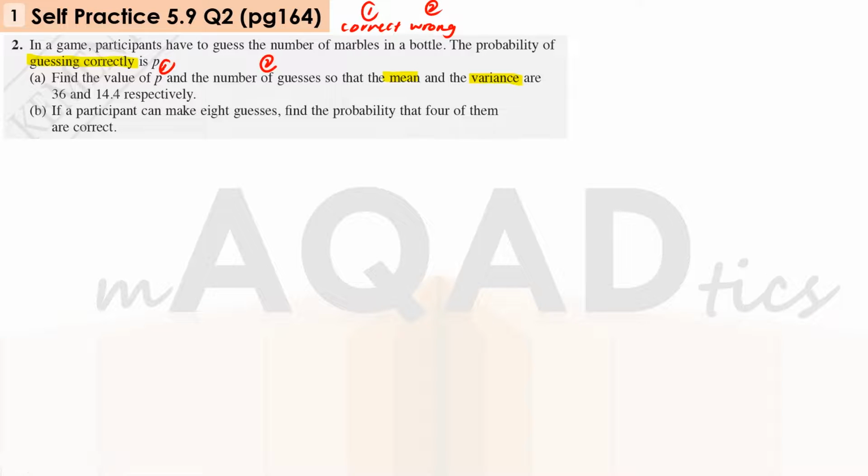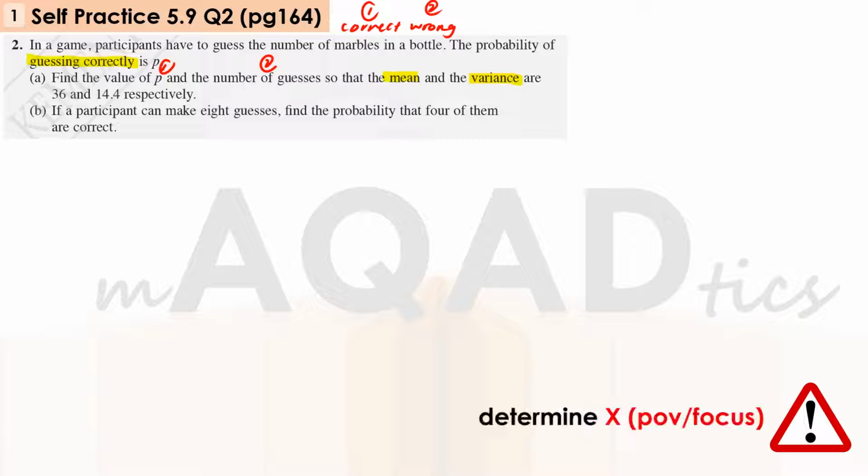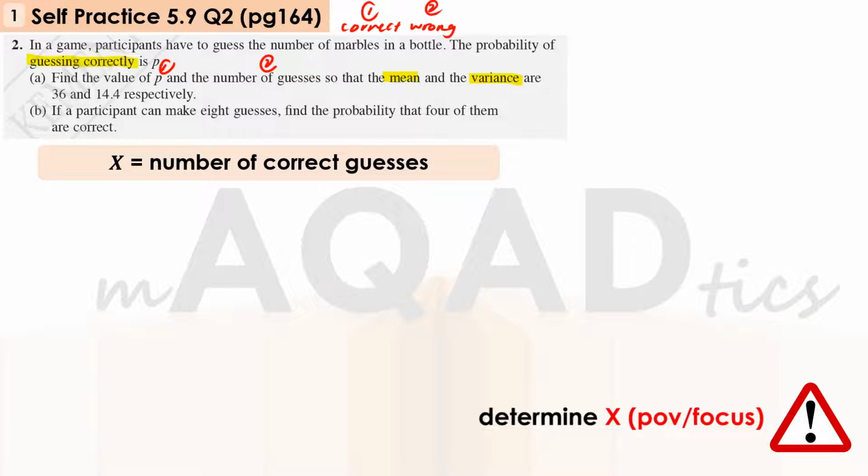Alright, but before we solve the questions, let's determine our X first. Right, so our X is our point of view or the thing to focus on. So in the question, it tells us to find the probability of guessing correctly, which is one of the outcomes. So we set our focus where X is the number of correct guesses, instead of wrong guesses.